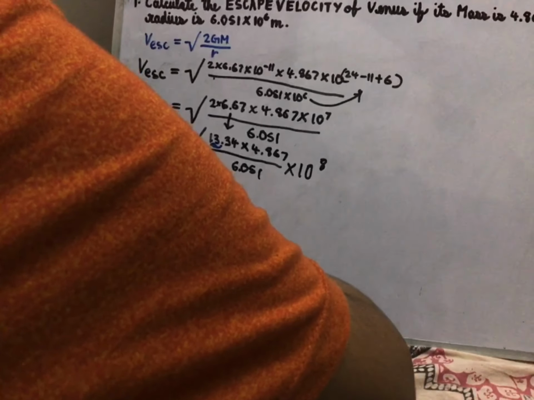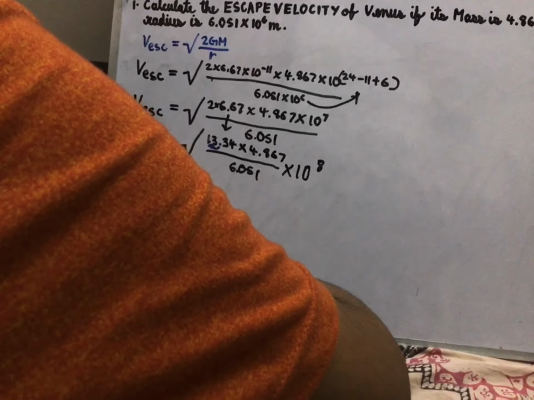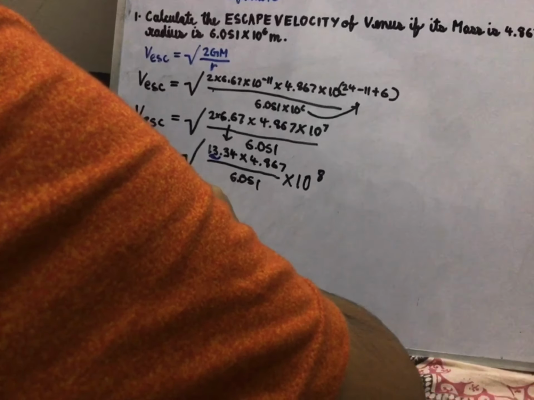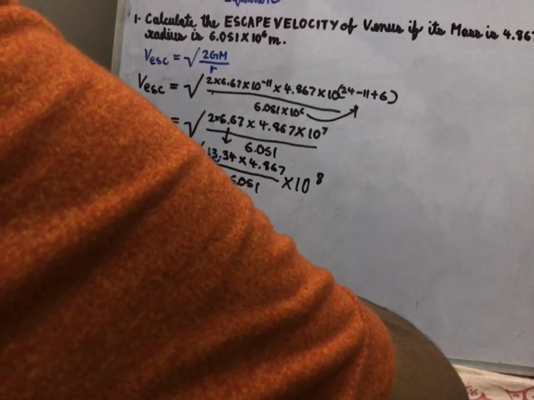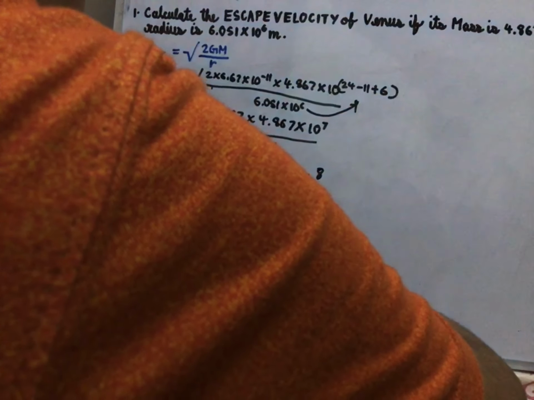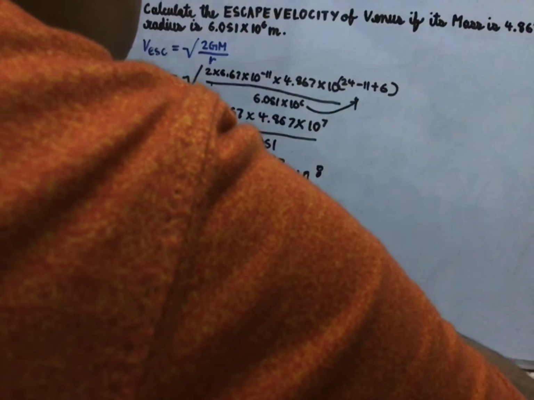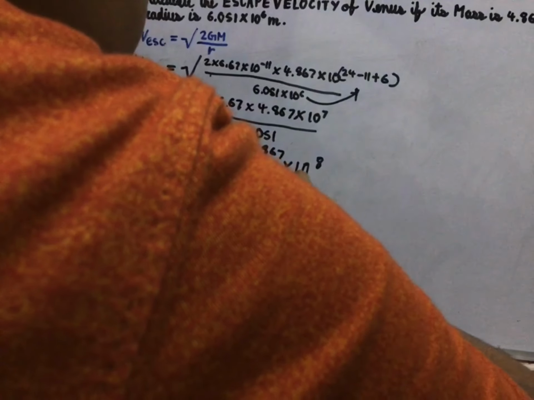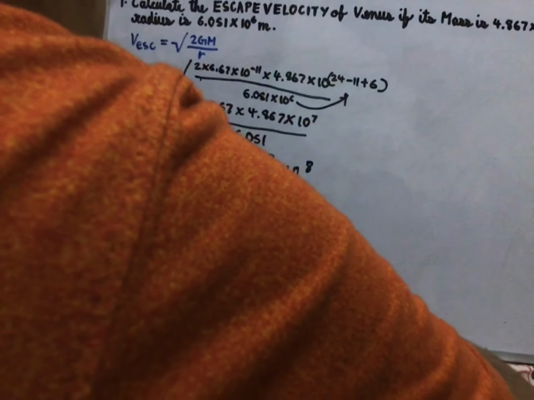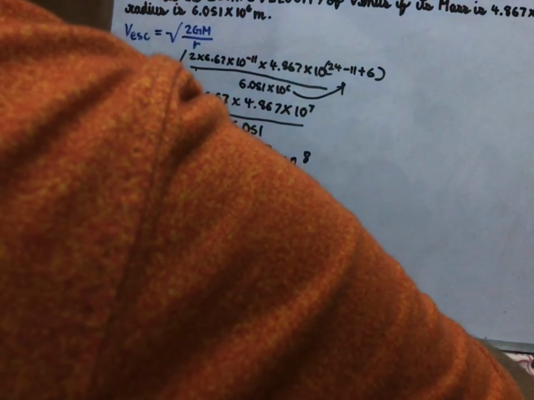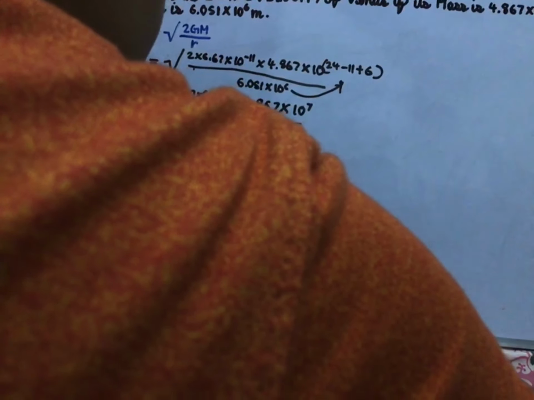So we can next say that the escape velocity is equal to the square root of 1.334, as we have done here, into 4.867 divided by 6.051 into 10 to the power 4.